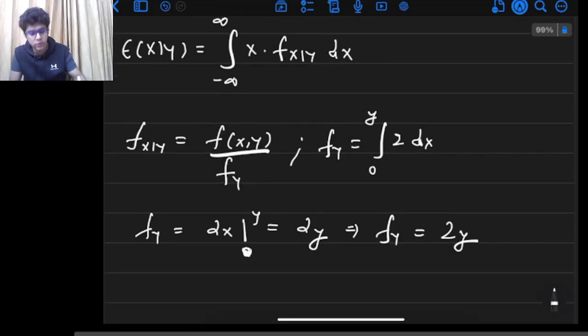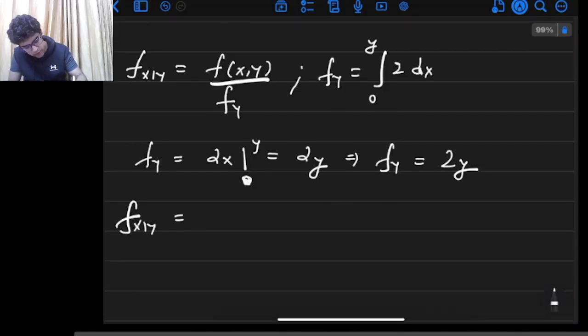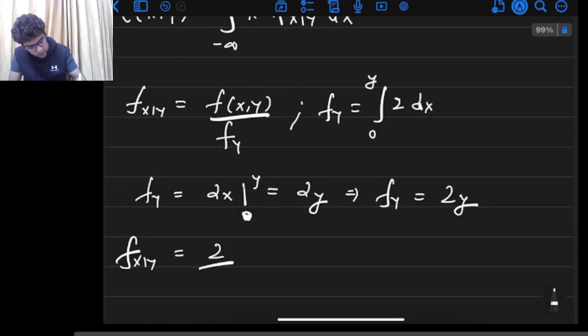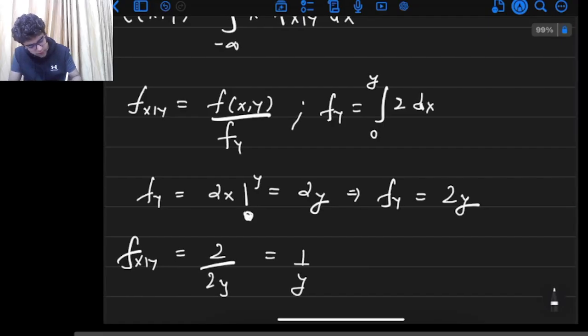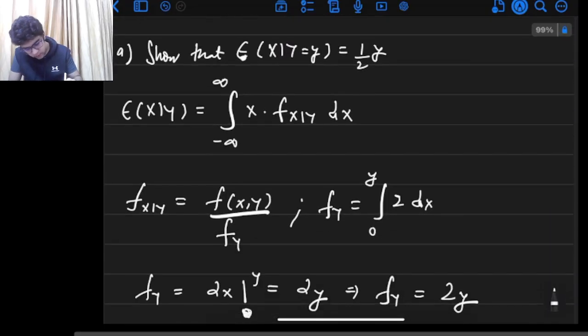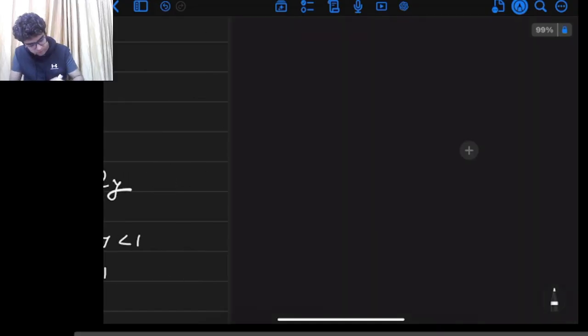Now I need to compute f(x|y), which becomes 2 divided by 2y, which is 1 over y, and I already know that y lies between 0 and 1, so x lies between 0 and y. And so now we have our f(x|y).